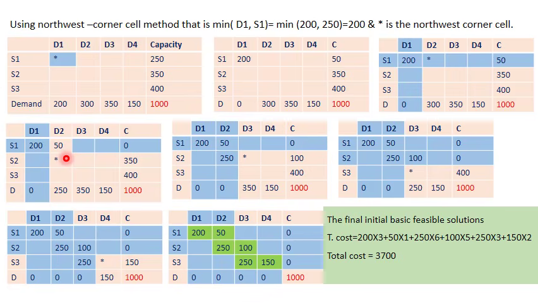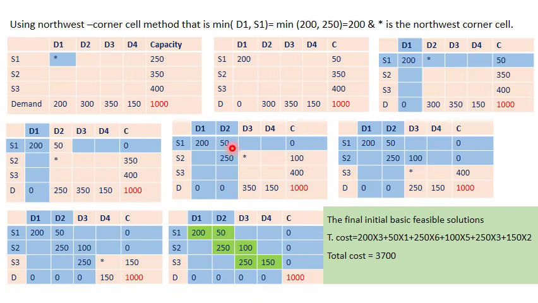The next northwest corner is this point, and the corresponding values are 250 and 350. We move 250 here, and we subtract it from 350, and the remaining value here is 100. We finished the second column.